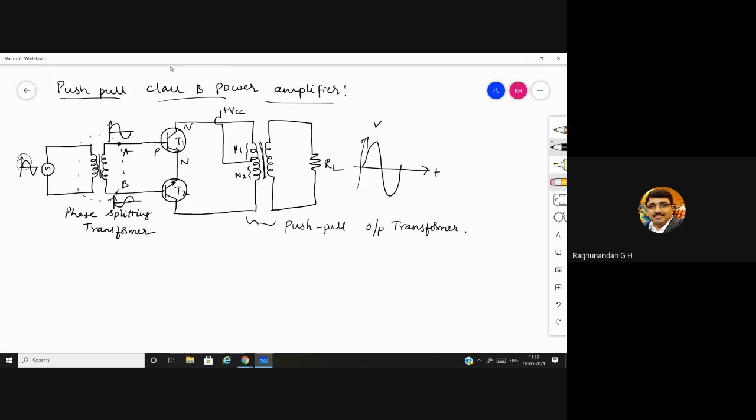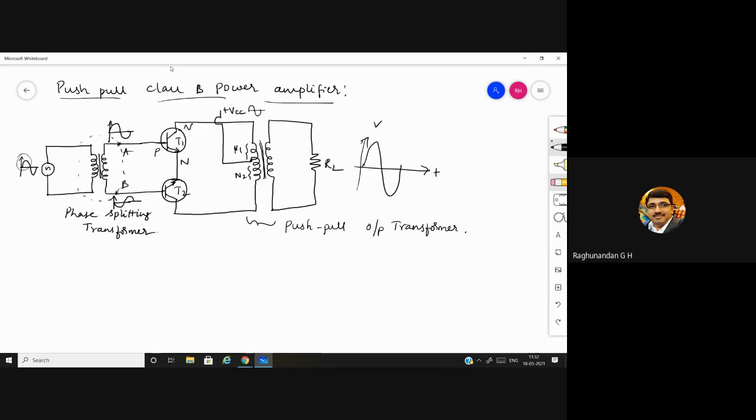this transformer is going to push and pull the two signals we are receiving. Say at this point, we have received the signal like this at the primary. Because of T1 and T2, we have got this.